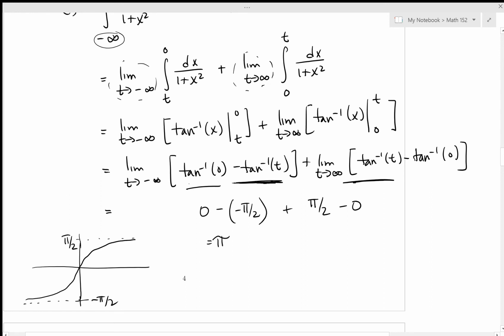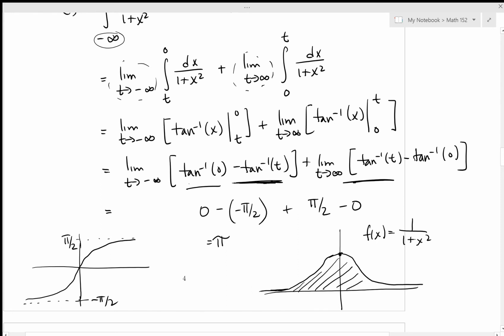I mean, this is kind of cool too, because look what's happened. We've got a graph like this, and the graph that we have is f of x, that's the integrand, 1 over 1 plus x squared, looks like this. So when x is 0, this thing is 1, and then it goes out there like that, and we have now figured out that the area under this whole thing going all the way plus and minus infinity is equal to pi.